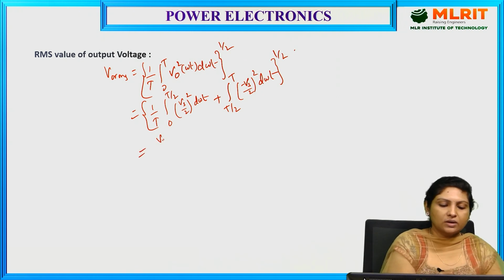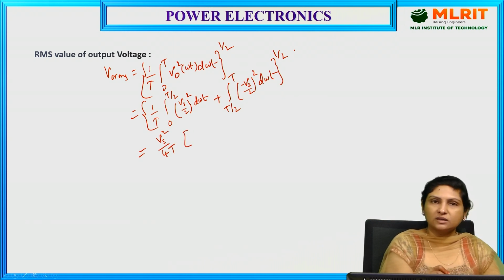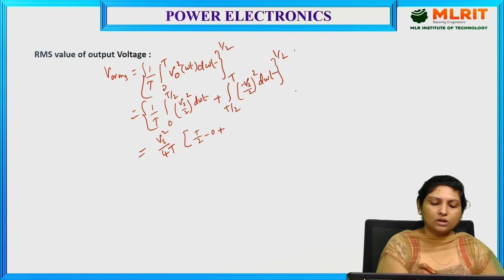So let us bring out the constant. In that case we get Vs square by 4T, and integrating and substituting the limits, we get T by 2 minus 0 plus, upper limit minus lower limit, T minus T by 2.